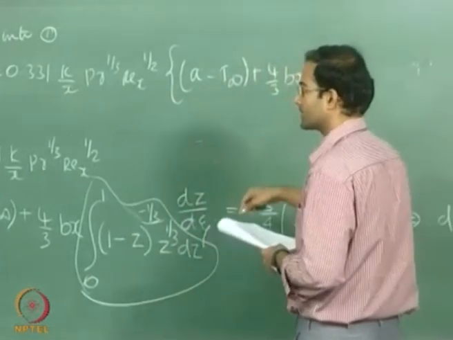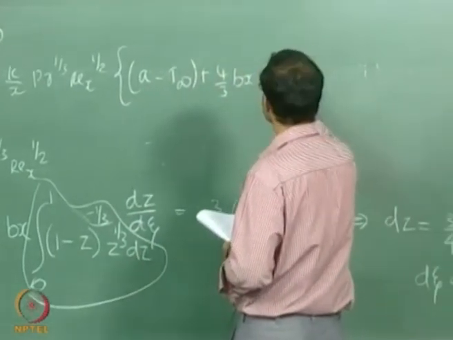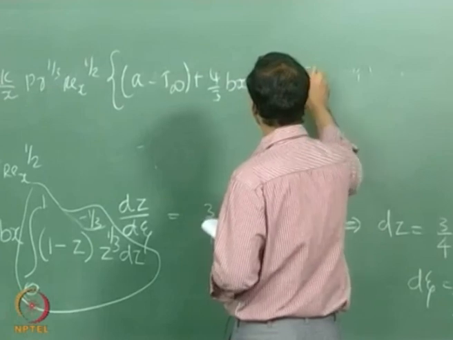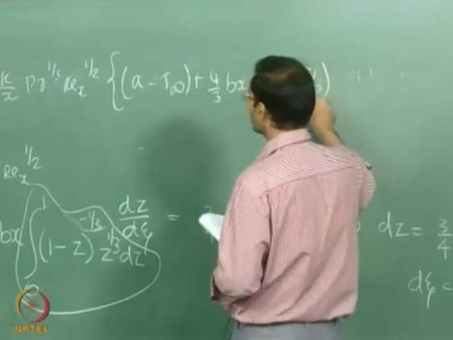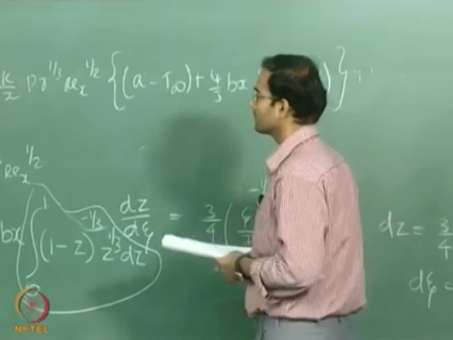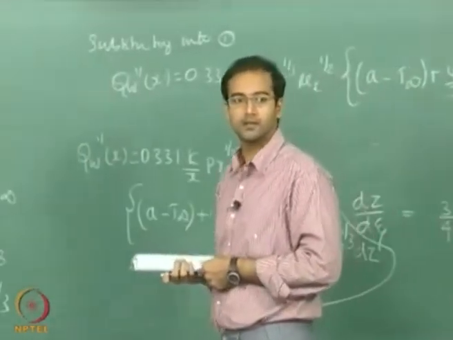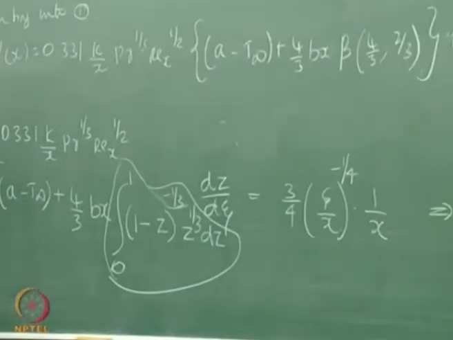This entire integral is the beta function. The parameters are 4 by 3 comma 2 by 3. So the integral is replaced by the beta.